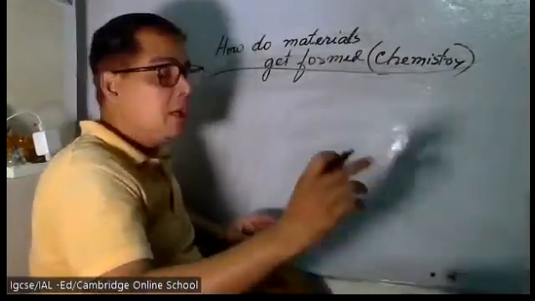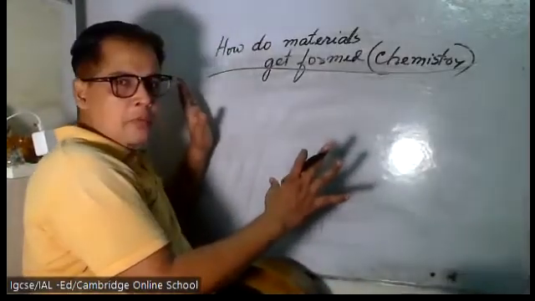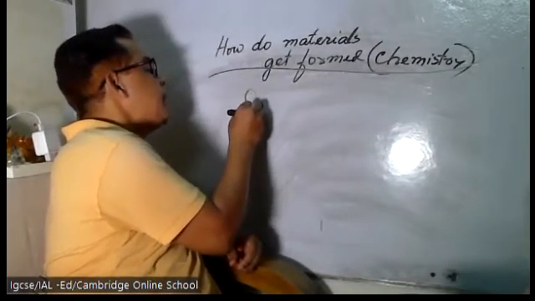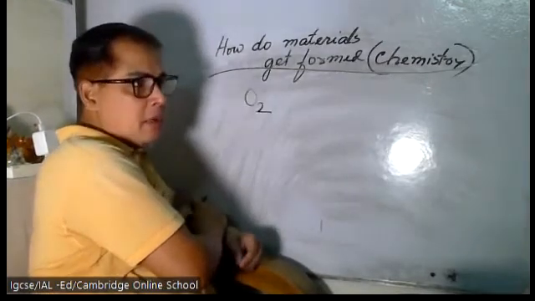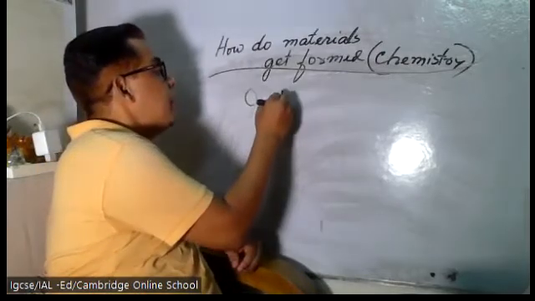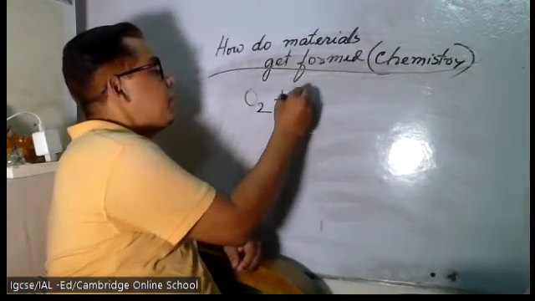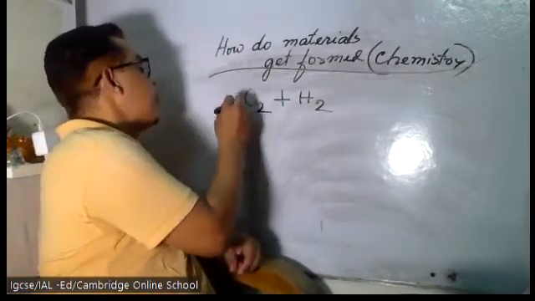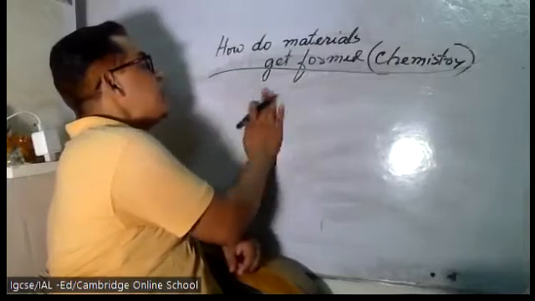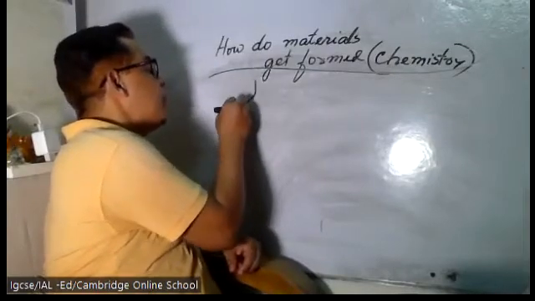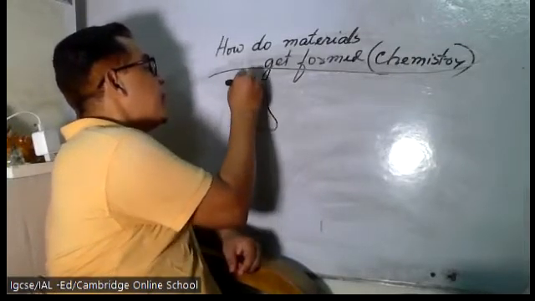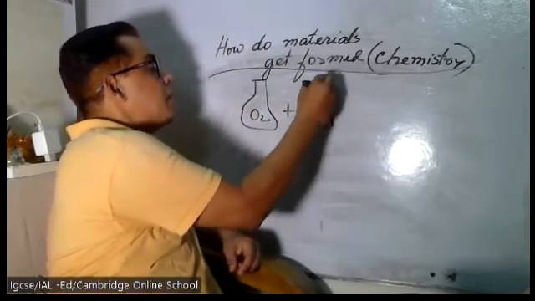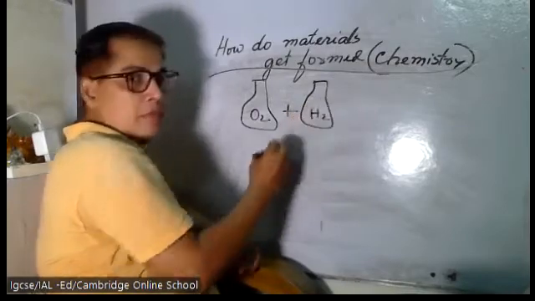So, how do materials get formed? This is my question. Basically, you know that this is oxygen, right, Baba? Yes. This is oxygen, and this is hydrogen. Very interesting matter. This is a jar of oxygen, and this is a jar of hydrogen.